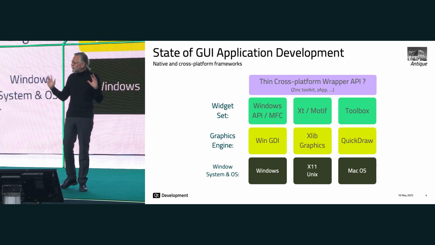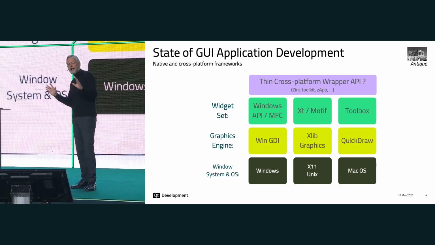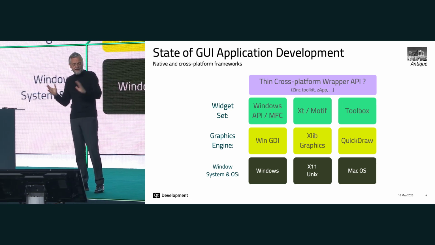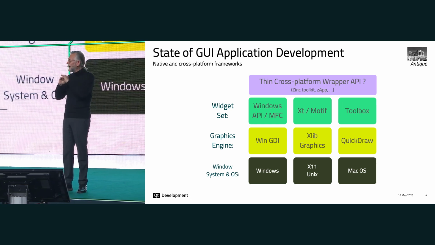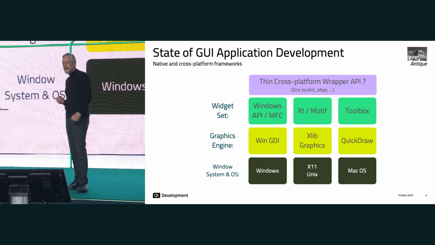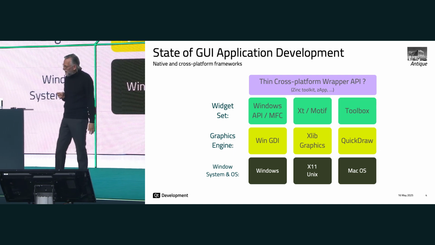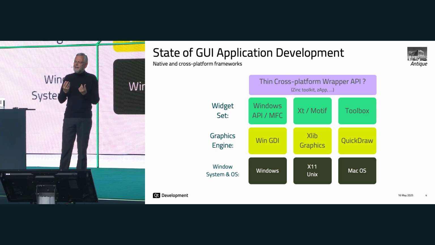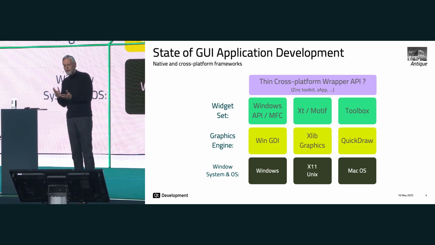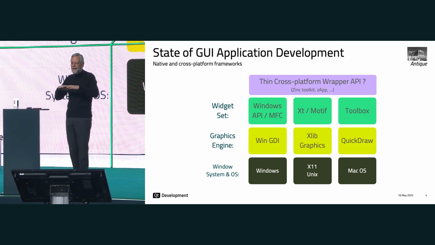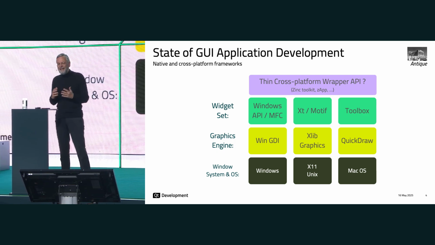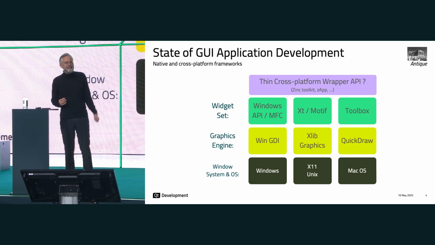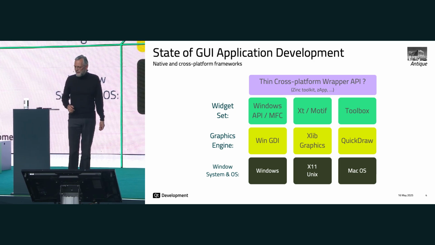And a couple of products like this actually existed at the time, and they would work great for your hello world and your very basic interfaces. However, it quickly broke down when you tried to make something more advanced for the basic reason that the API of this wrapper would be limited to the least common denominator of the functionality of the underlying widget sets.